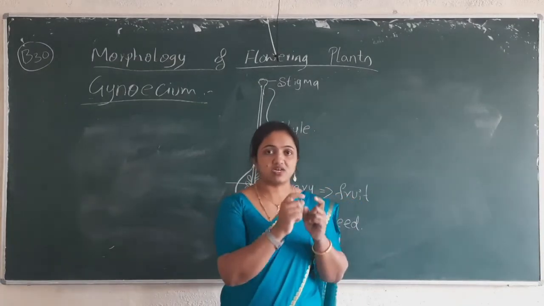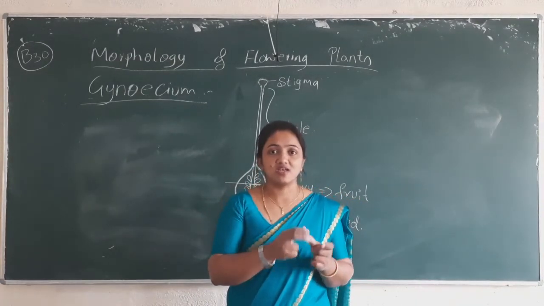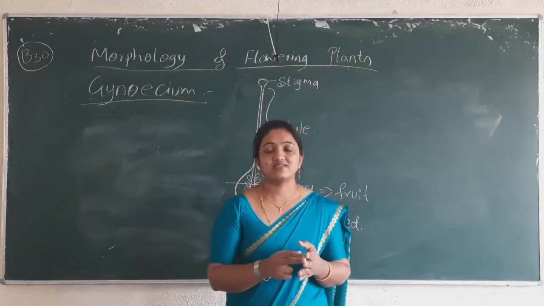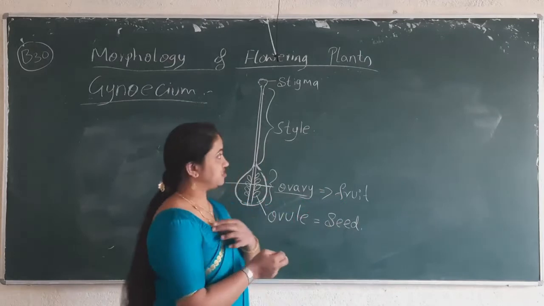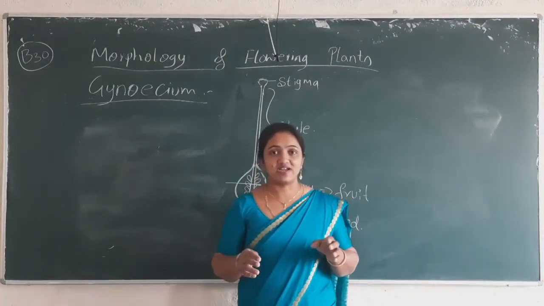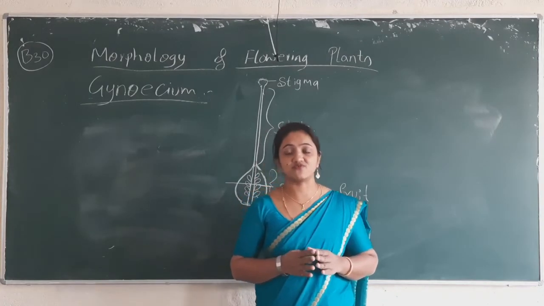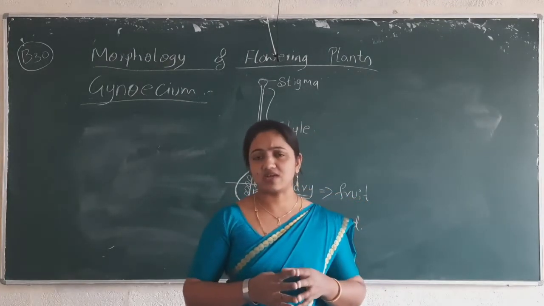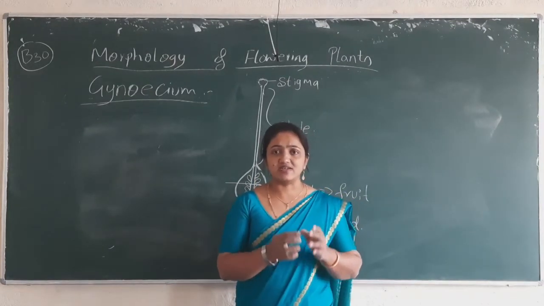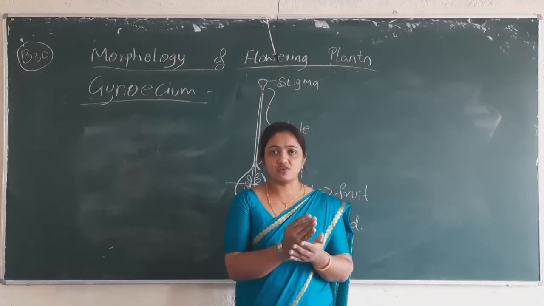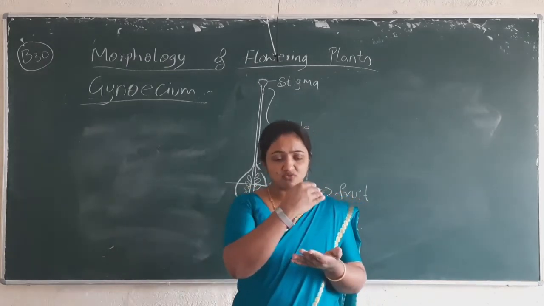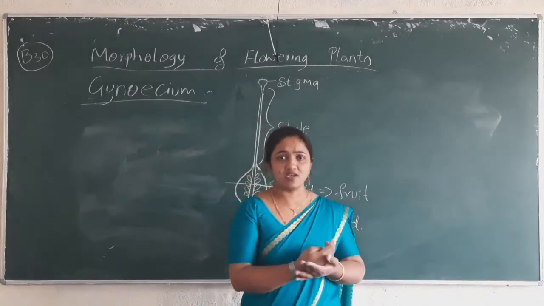Those pollen grains are produced from the anthers of the androecium. So if you find different types of flowers, just collect the flower, separate all the parts and try to observe the ovary. And if you have a blade at home, try to take the transverse section of the ovary.